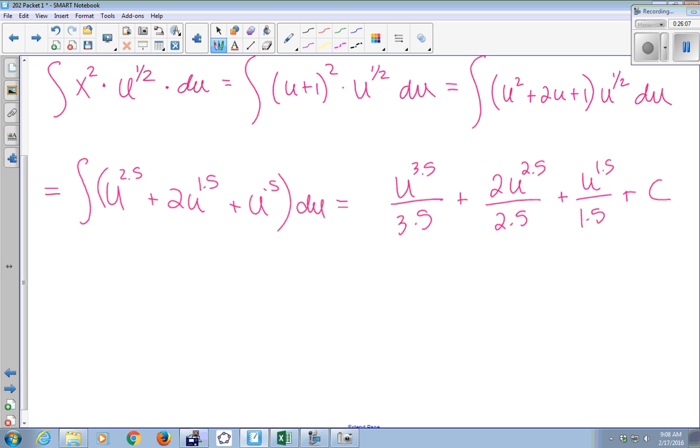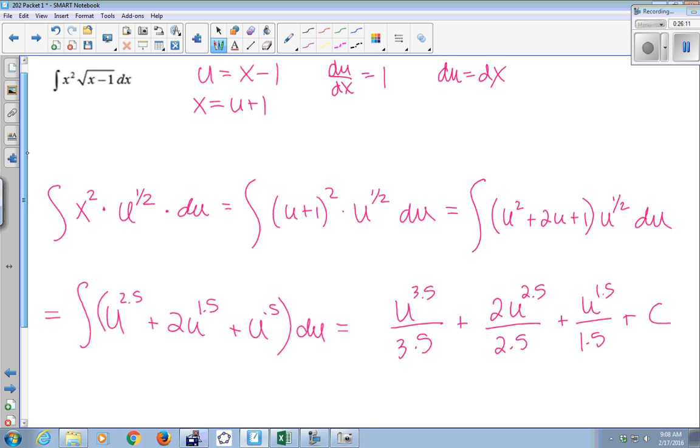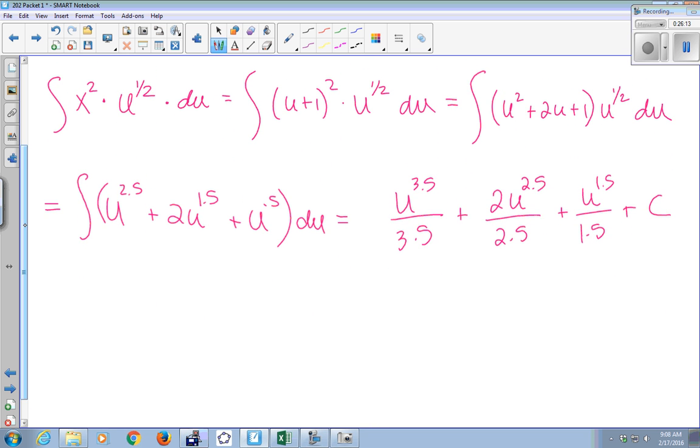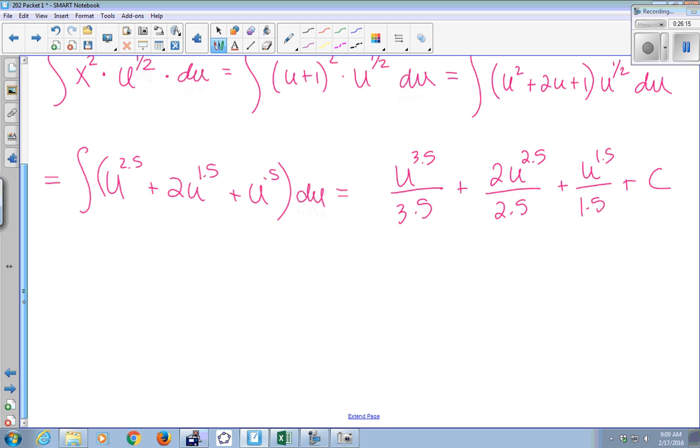Then replace your u's with x minus 1s. (x minus 1) to the 3.5 over 3.5.